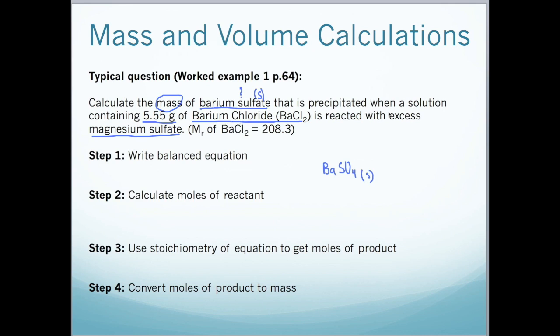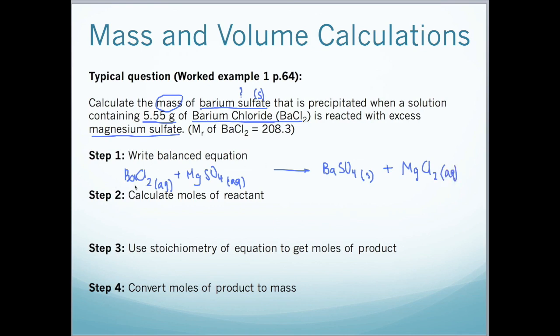That is the product, and we know when a solution containing barium chloride, we have BaCl2, because Cl is -1 and Ba is 2+, therefore we need 2 chlorines, and that is aqueous because it is a solution, plus is reacted with excess magnesium sulfate, MgSO4, which is aqueous as well, and magnesium chloride, which will be aqueous.